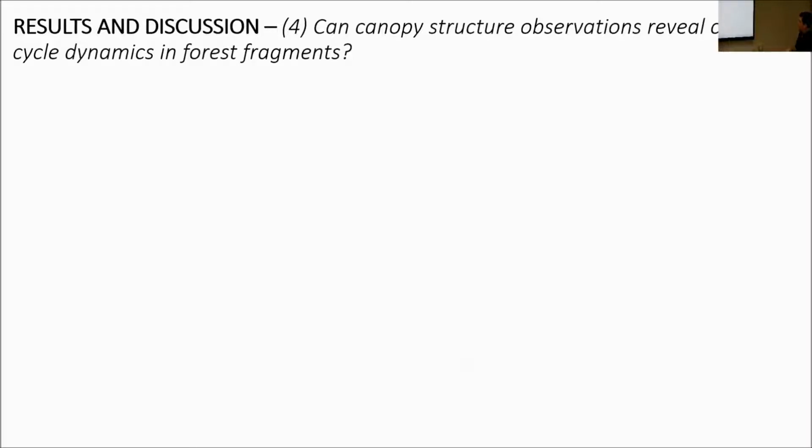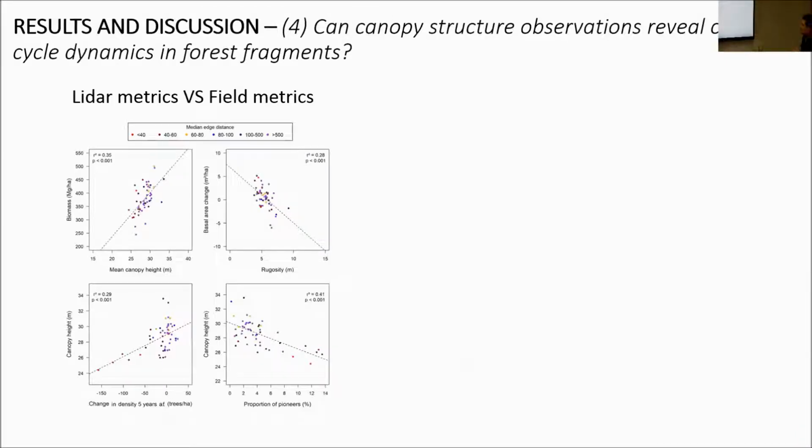Okay. And how the LIDAR metrics were linked with field data. Here we have the biomass with a good correlation with the canopy height. Makes sense, no? And the rugosity has a good correlation with the basal area change or the biomass change too. But why?